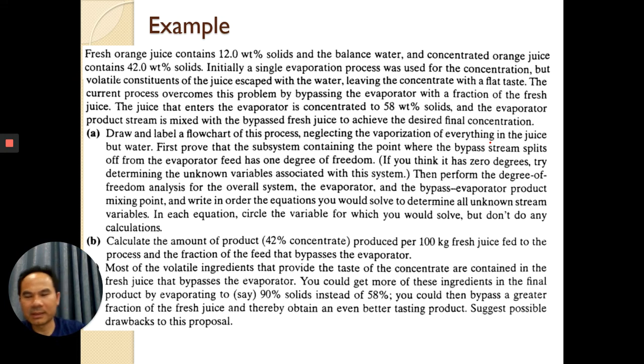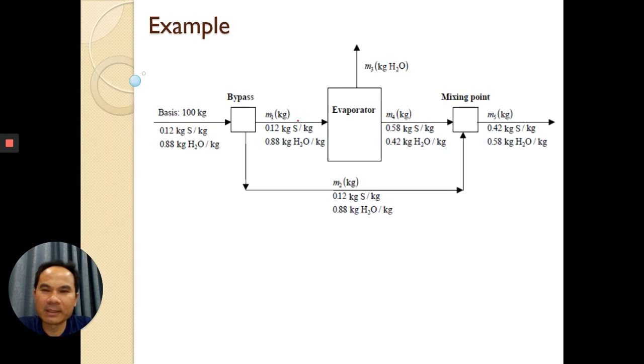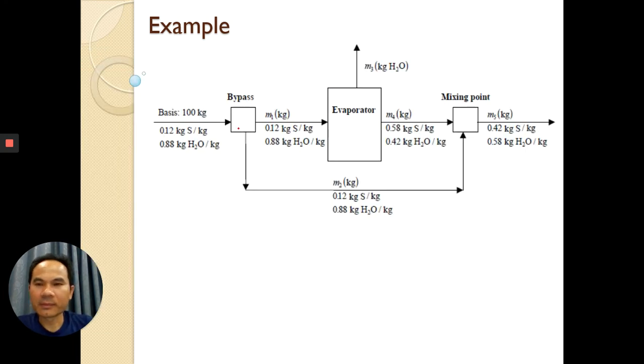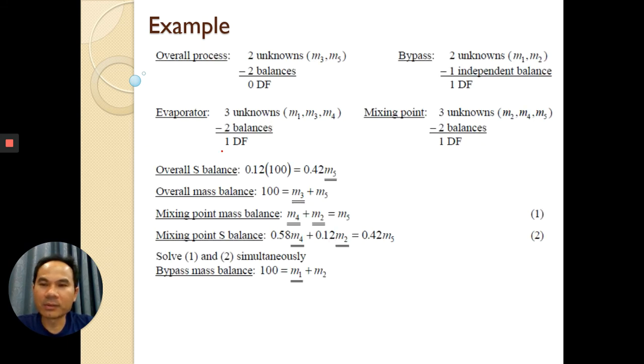For example, we have orange juice, fresh feed containing 12% by weight solids. We draw the flow chart: 12% solids, which means 0.12 kilogram solids per kilogram total. And the balance is water, which means 88% water, 0.88 kilogram water per kilogram total.